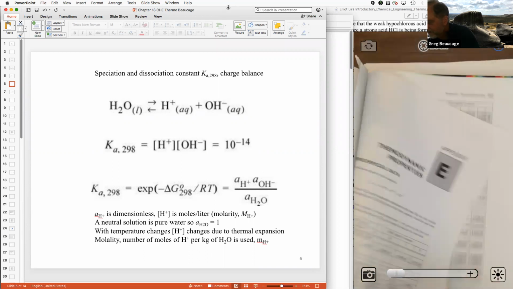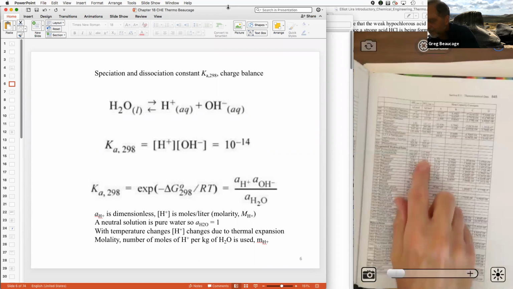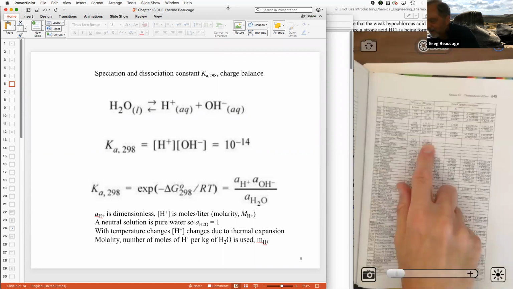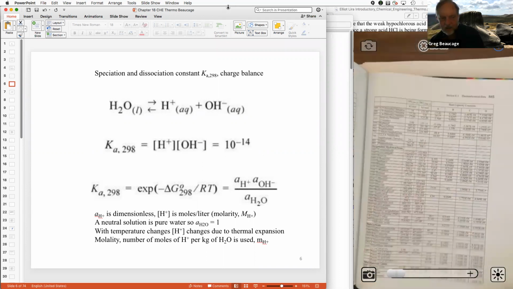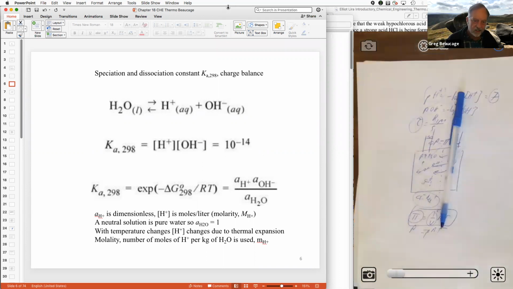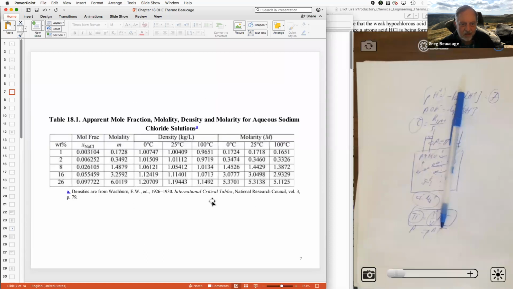So you have the Gibbs energies of the components, you can calculate them, take the natural log, and then get the equilibrium constant from that. That's the same thing we did in the chemical reaction chapter 17.